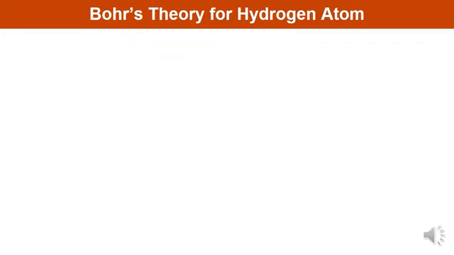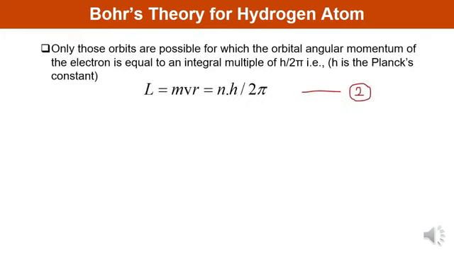Moving ahead, the third assumption is that only those orbits are possible for which the orbital angular momentum of the electron is equal to an integral multiple of h upon 2 pi. Here h is the Planck's constant. You have already studied that h is Planck's constant.